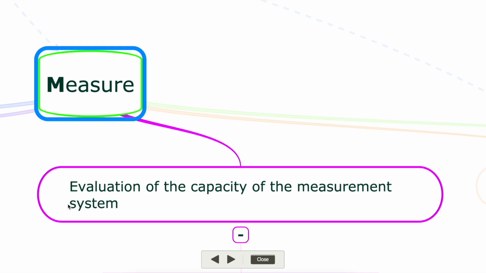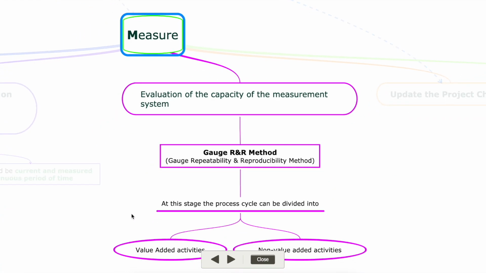Then the third thing under the step of measure is the evaluation of the capacity of the measurement system, that is, how capable our measurement system is. For this, a method we can use is the gauge R&R method. R&R means repeatability and reproducibility.